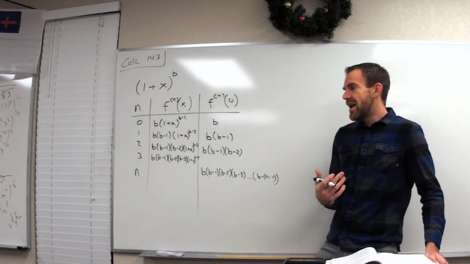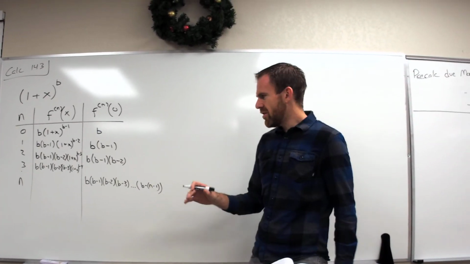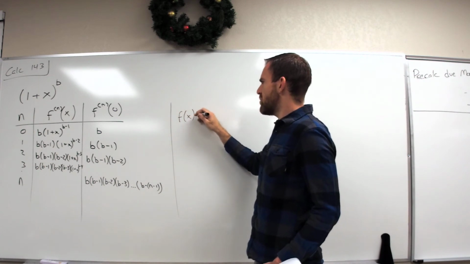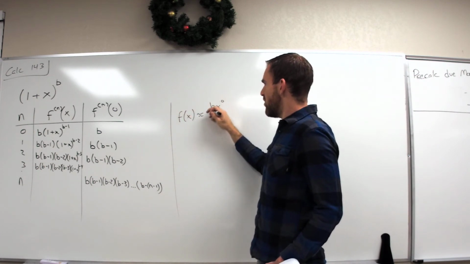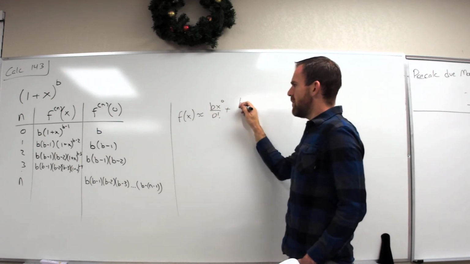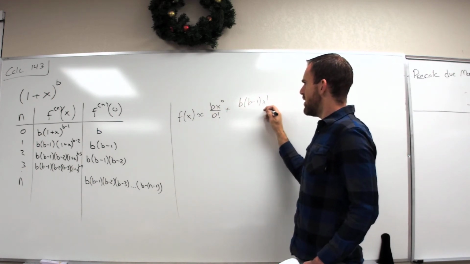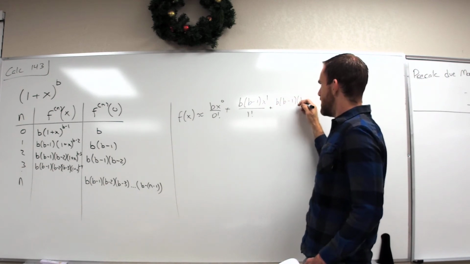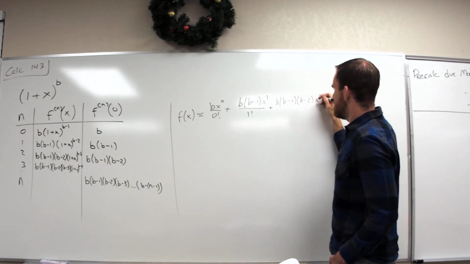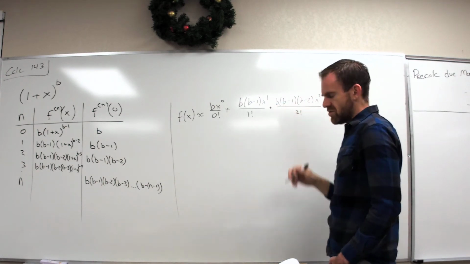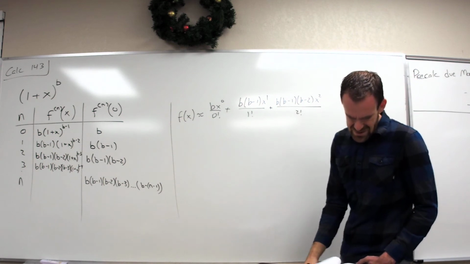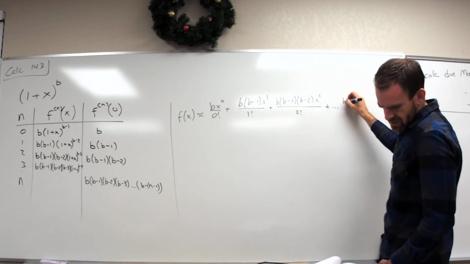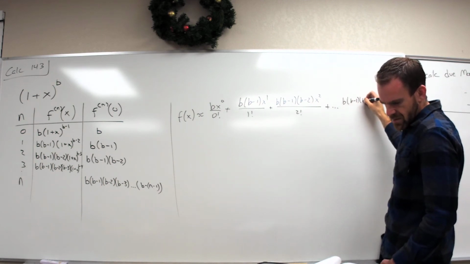Anyways, if I write that out as a Maclaurin polynomial, we had a little brain fart there. f of x is approximately b x to the 0 over 0 factorial plus b times b minus 1 x to the 1 over 1 factorial plus b, b minus 1, b minus 2 x to the 2 over 2 factorial, all the way up to this nasty term.